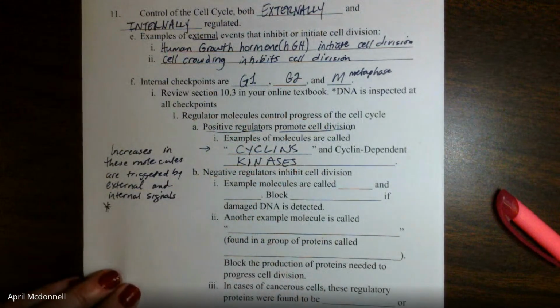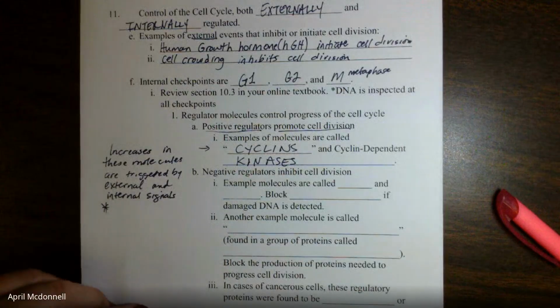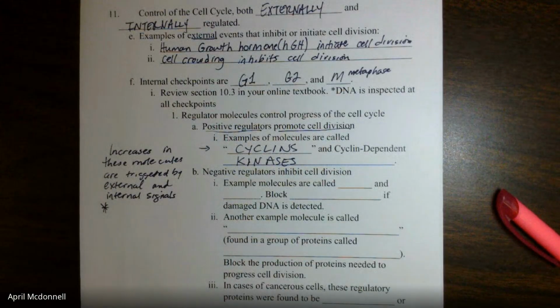Something to note about these regulator molecules: they include a complex series of reactions that promote cell division. I don't expect you to know the series of reactions, but you should know it is a series of chemical reactions that produce a product at the end, which will then promote cell division.